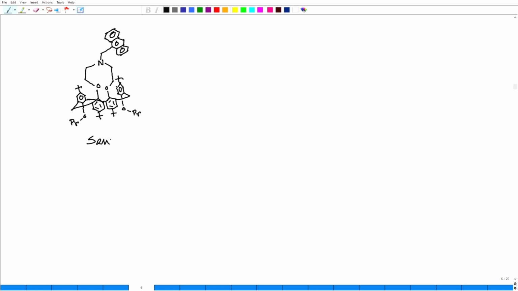When a particular fluorescent signaling system can sense a particular analyte, that is called a sensor for that analyte. So, here we are showing you the molecules designed as sensors for lithium ion, lithium plus sensors.